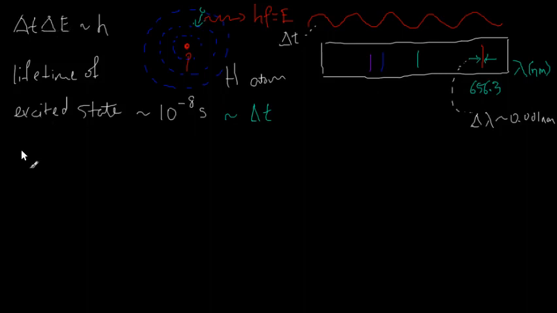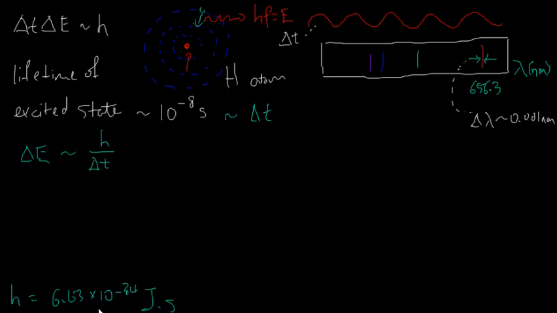So following from this, we have delta E, the range of energy, is about h over delta t. Now, we know delta t is this, and h we know is 6.63 times 10 to the power of minus 34 joule second.